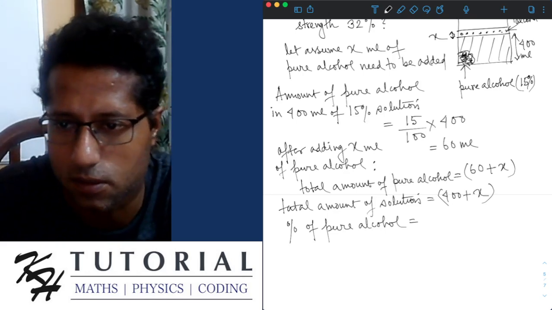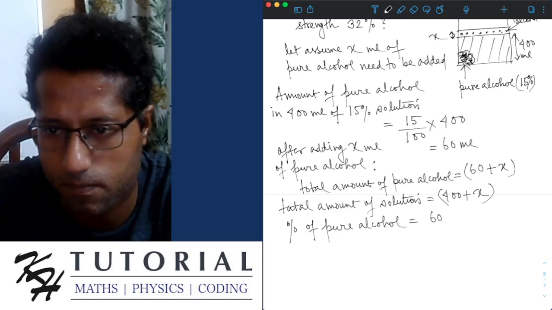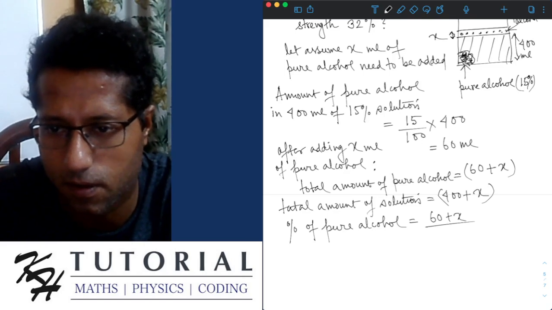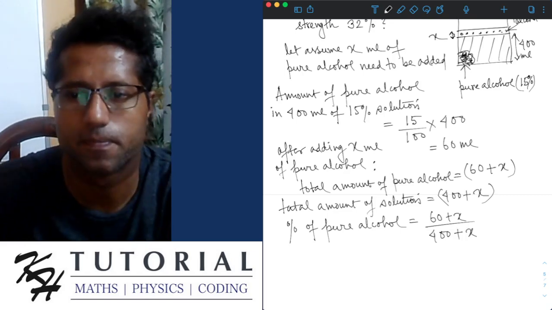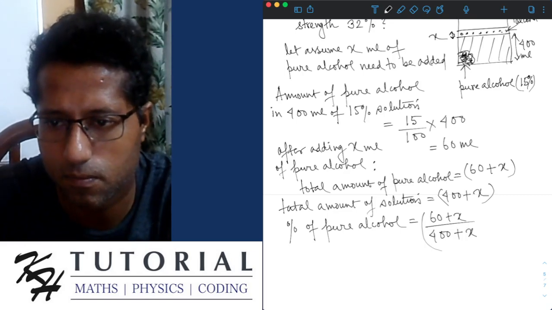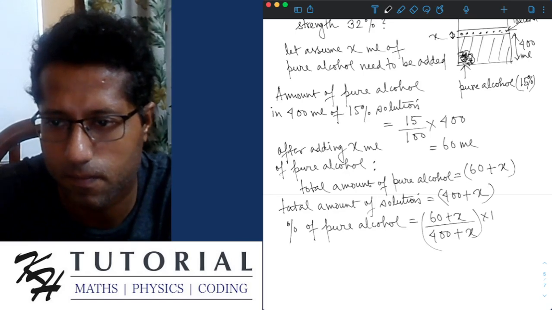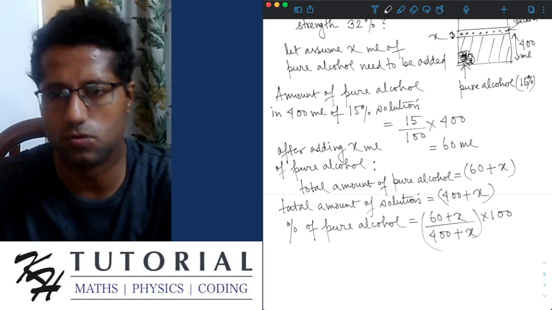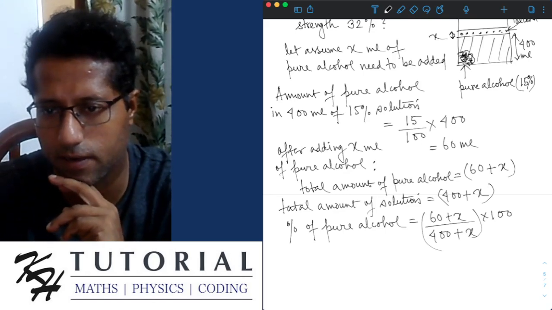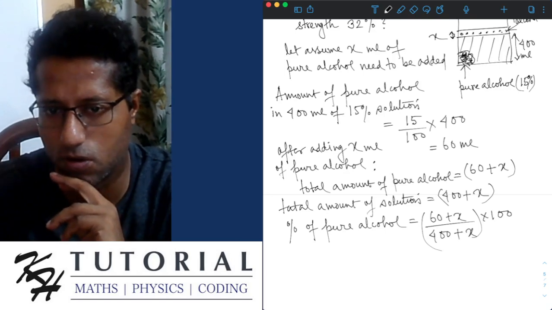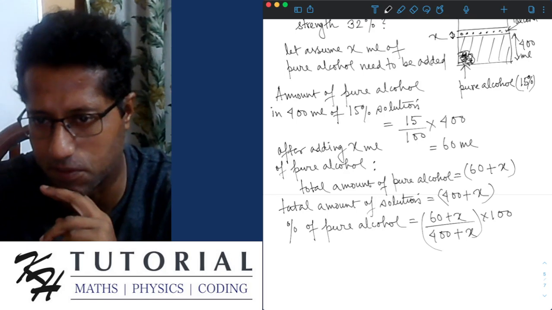This is nothing but 60 plus x divided by 400 plus x multiplied by 100. So finally, after adding x ml of pure alcohol, we have found that the percentage of the pure alcohol is this expression.